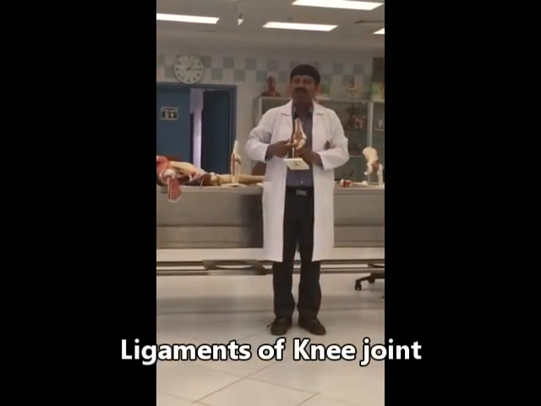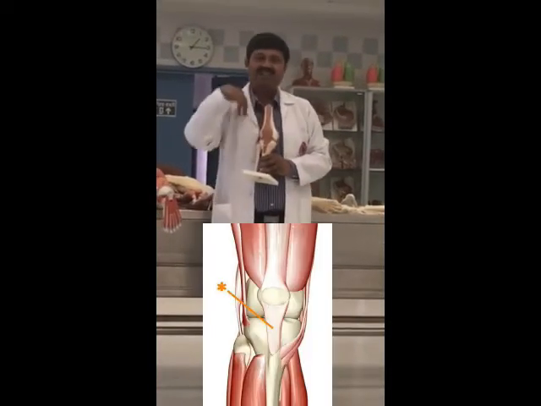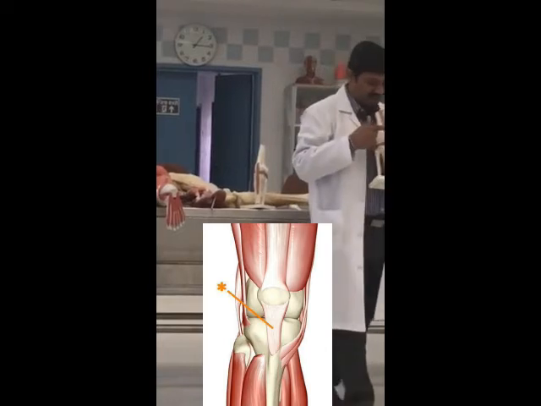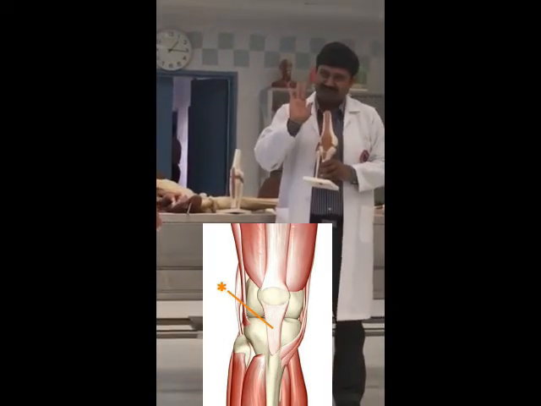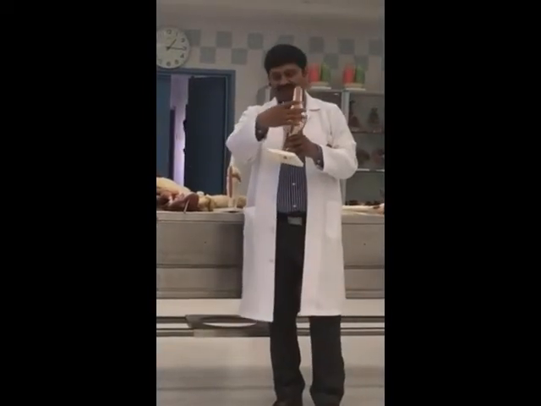From patella to the tibial tuberosity is the patellar tendon. The patellar tendon is also included as the patellar ligament among the ligaments of the knee joint. So it's a tendon of one muscle acting as a ligament for another joint, because it's very strong. Both names are correct. Clear?